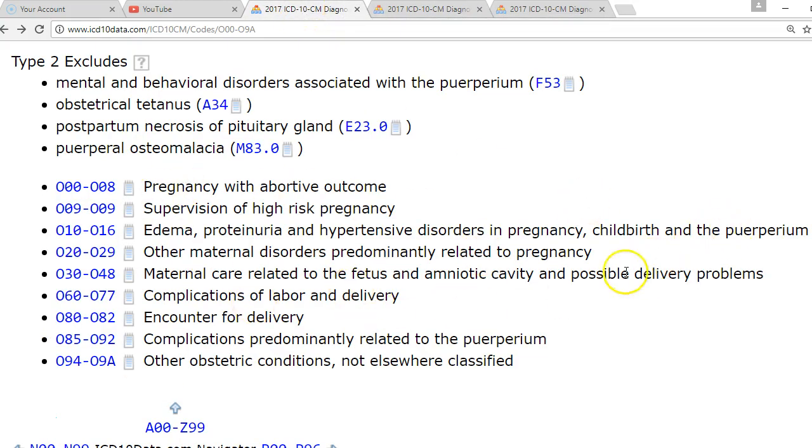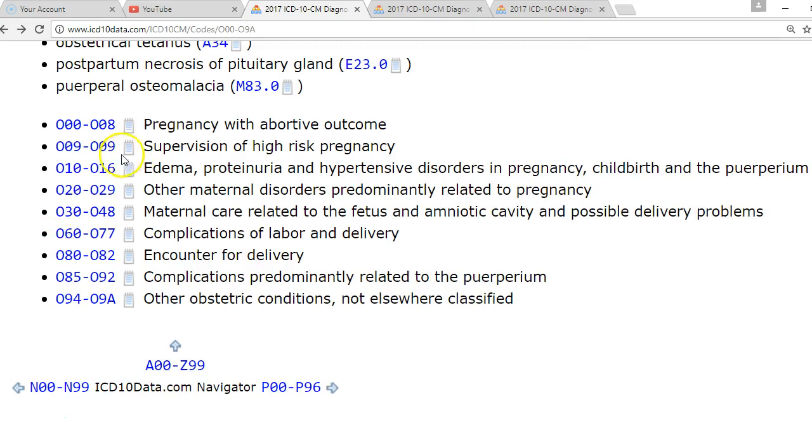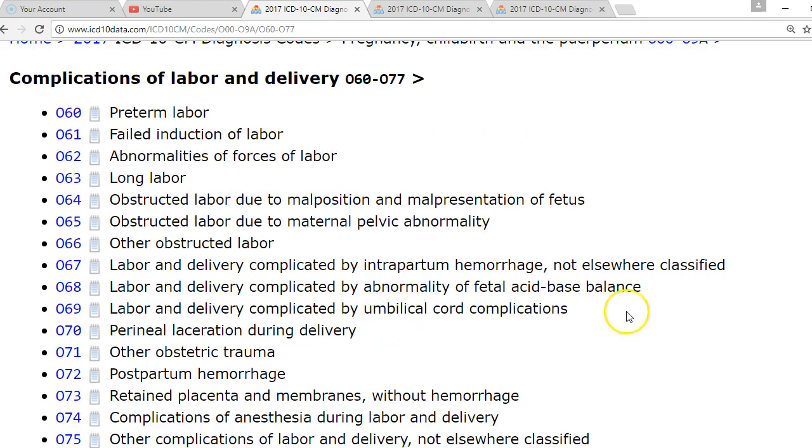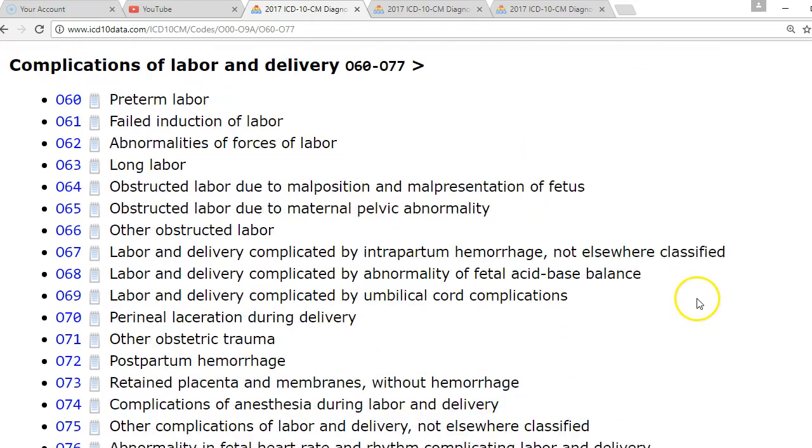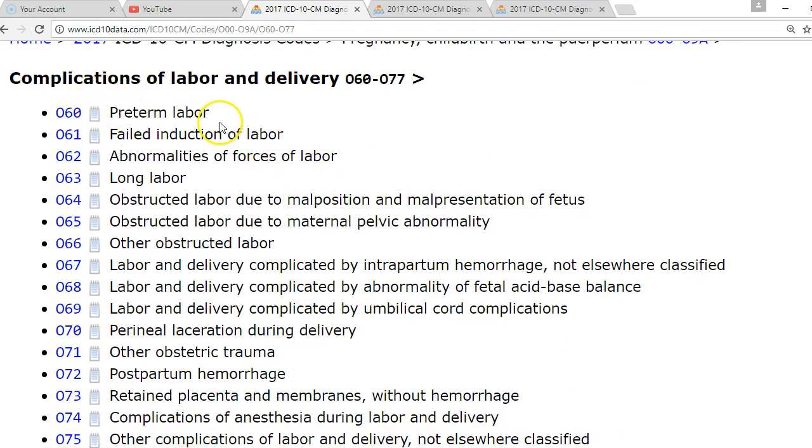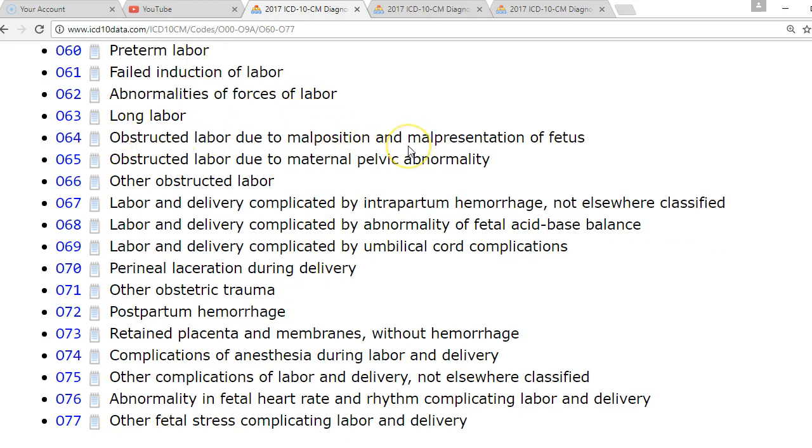Okay, a couple other ones that I want to look at. I want to look at complications of labor and delivery for a minute. So again, lots of different reasons. Preterm labor is very, very common. Again, you go into labor early, before 37 weeks. But we also have long labor, where you're in labor for more than 24 hours. There's different types of obstructed labors.